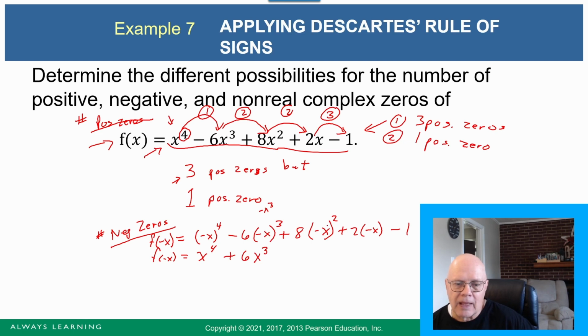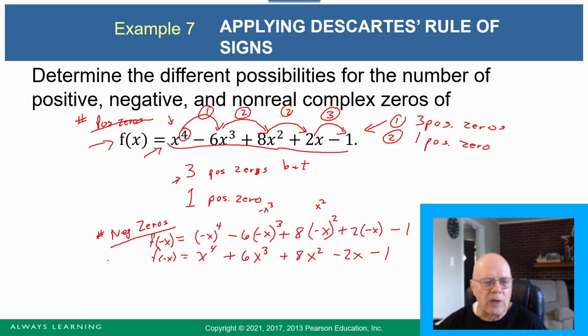Got that? Now next, the minus x squared is x squared. And that's 8 in the front. So that's pretty simple. And next one, with 2 times negative x, no fancy business here, just minus 2x. And of course, the negative 1.